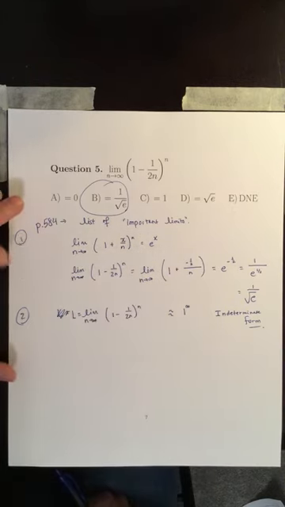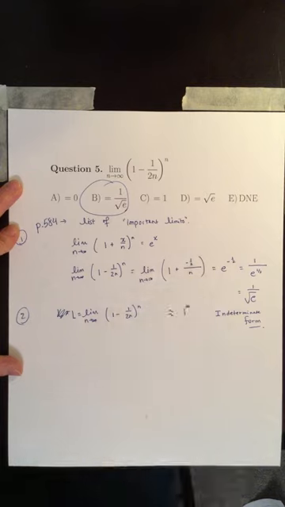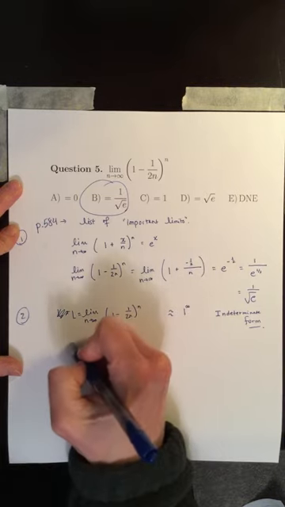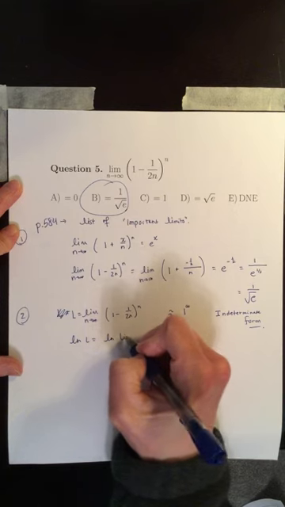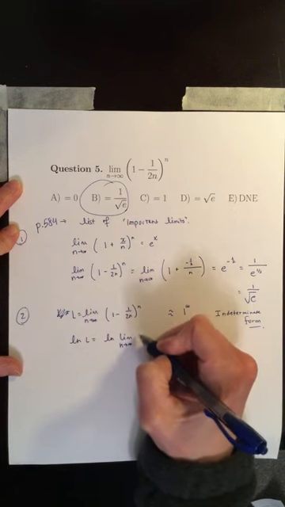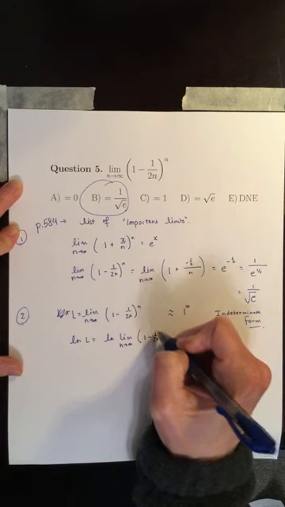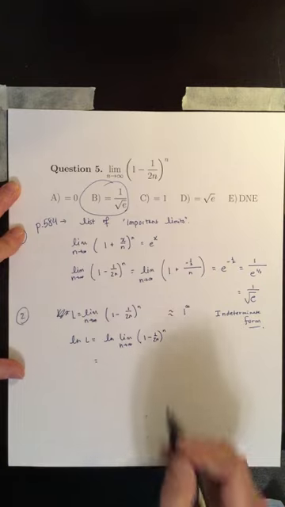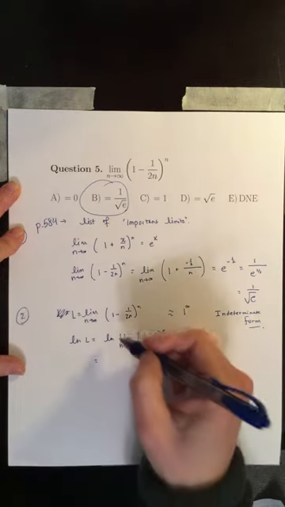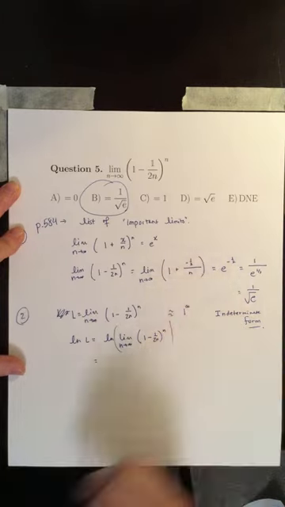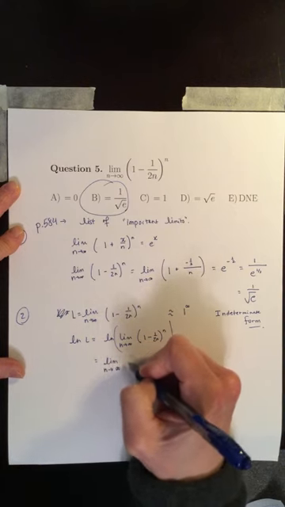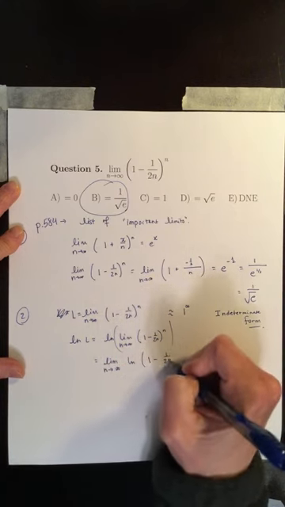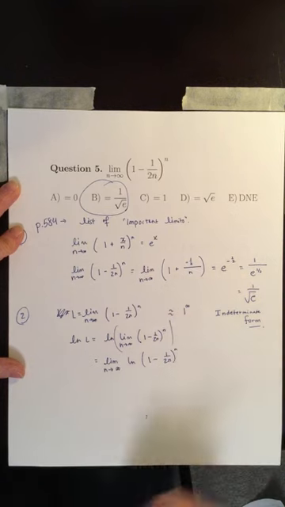So let's go ahead and say this limit equals L. Because I've got an exponent that is a variable, I'm going to take the natural log of both sides. And because the natural log is a continuous function, when our input is positive, I can use the properties of limits and say I've got the limit as n goes to infinity of the natural log of (1 minus 1 over 2n) raised to the n power.